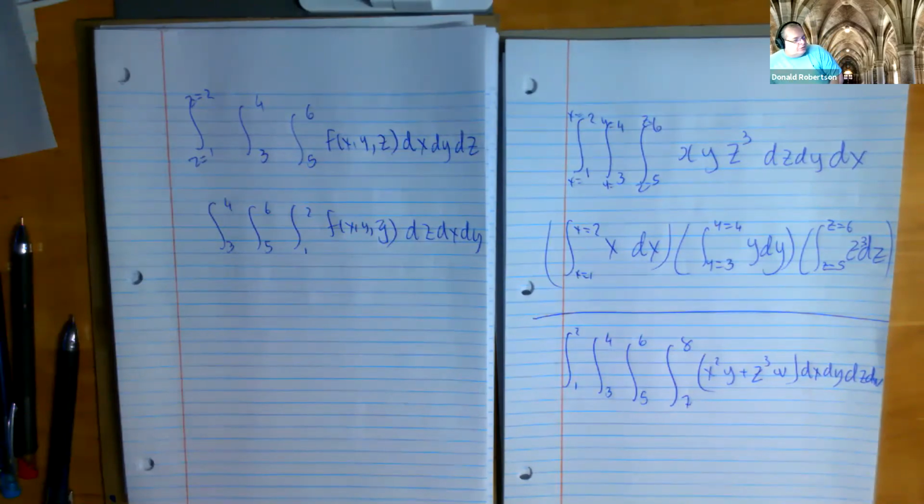Isn't it possible to do quadruple integrals? You'll be glad to know we don't in this course. But would you agree that quadruple integrals are just the same as triple integrals? You just do more work.